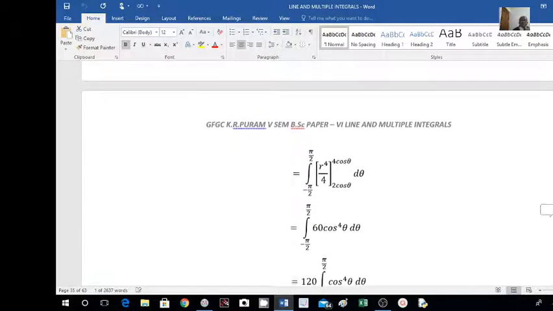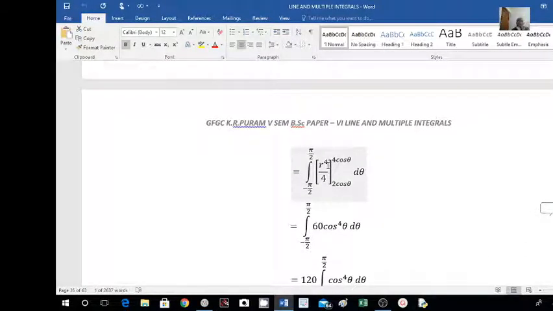After simplification, 4 to the power of 4 divided by 4 will be 4 cube, minus 2 to the power of 4 into cos 4th theta divided by 4. Simplifying, I finally get 60 cos 4 theta d theta.